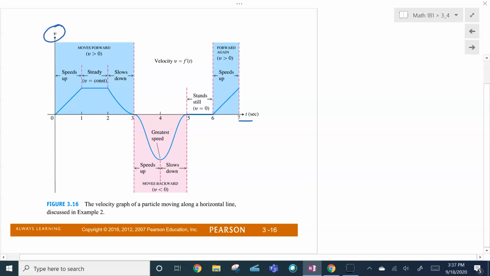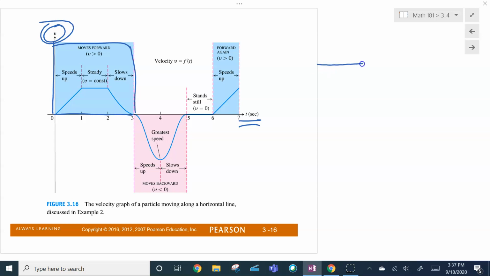Okay, so we've got time still, but now we've got velocity. So notice in blue here, this is when we're positive. Velocity is positive, right? So this thing's moving forward. The particle is moving forward. If it's on a horizontal axis, it's moving forward during that time from 0 to 3 seconds.